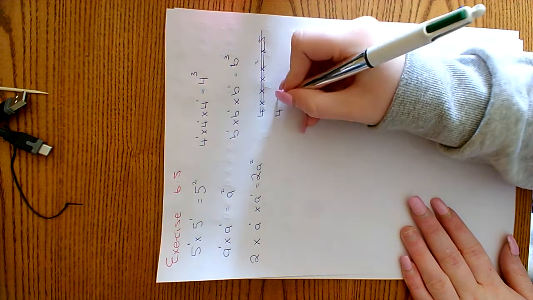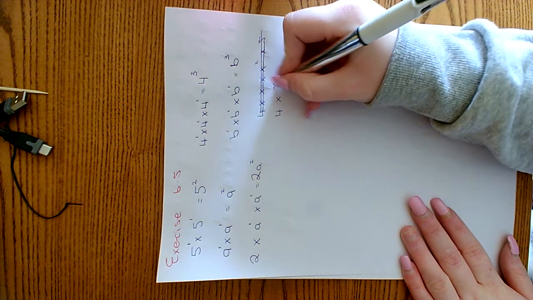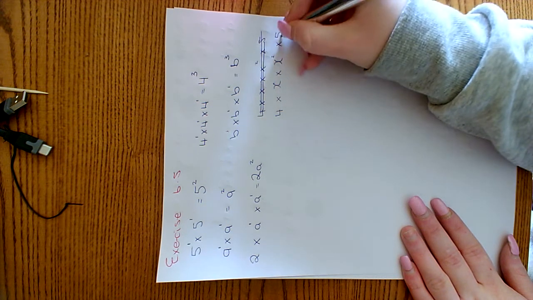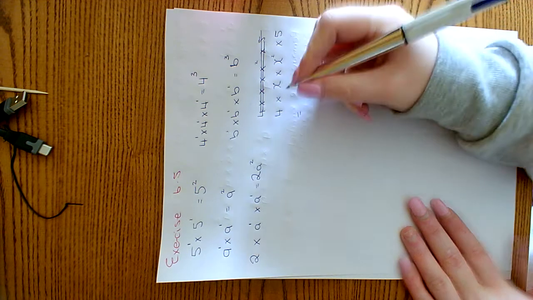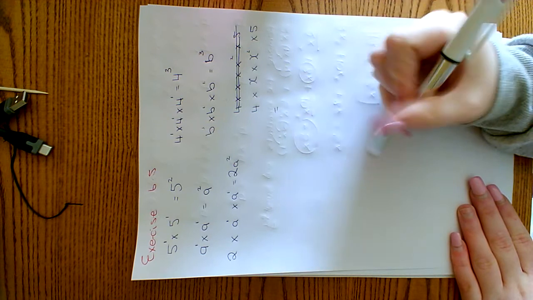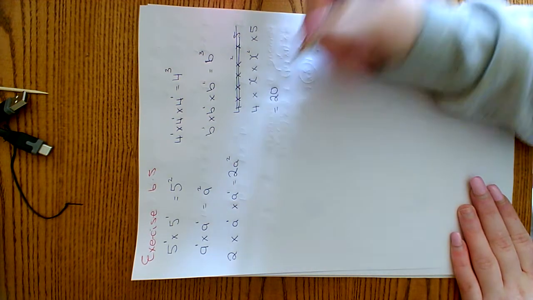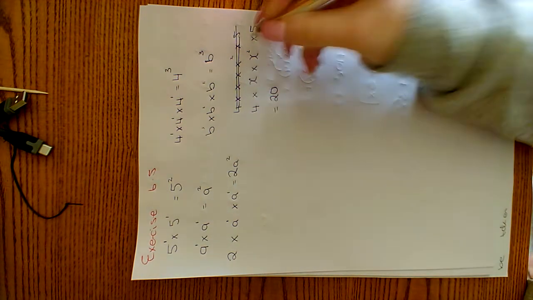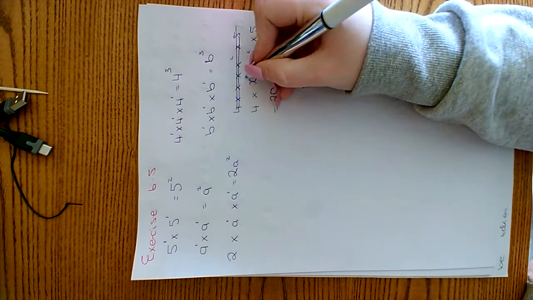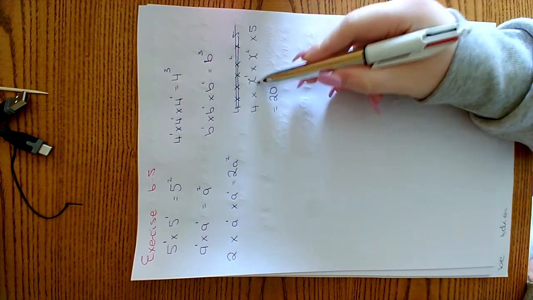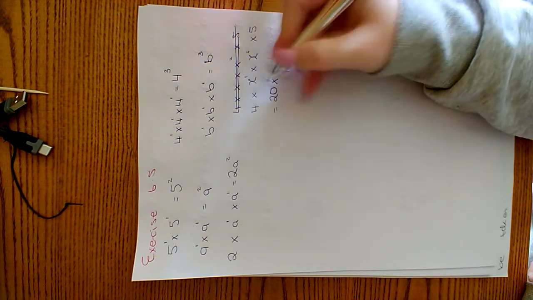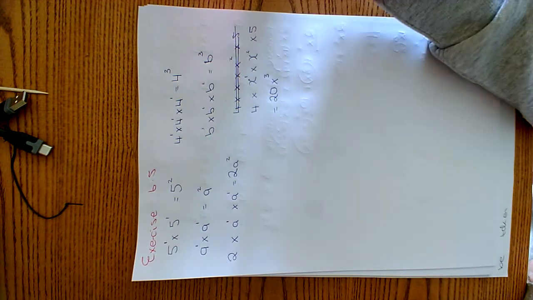My numbers I can still multiply like normal, so 4 multiplied by 5 gives me 20. It's my letters that I'm mainly concerned about. This here is power of 2, and if there's no power there, we can put an imaginary 1. So x is my base, and I need to add the powers. 1 plus 2 gives me 3, and that's my answer.